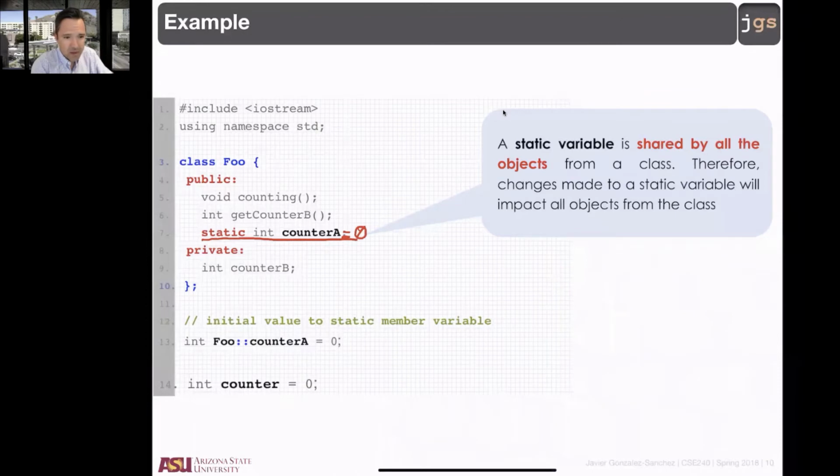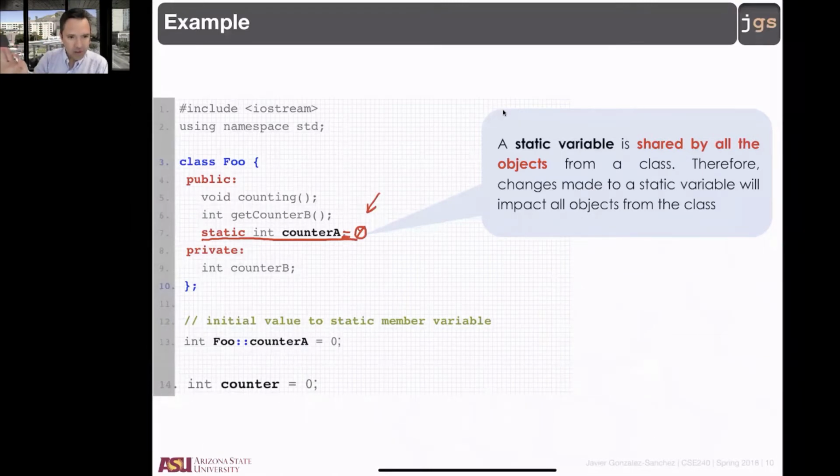Bad news. Number 1, in C++, you cannot put values to the static variables here. That is going to give you a problem. The only thing that you can do in line 7 is to create the static variable, static int, and whatever name you want.